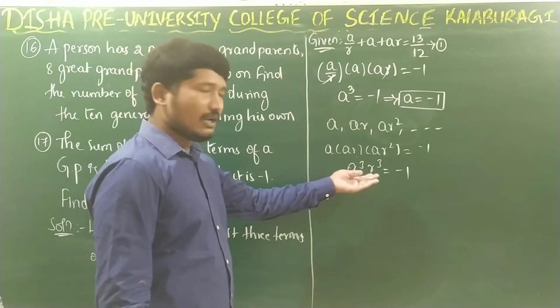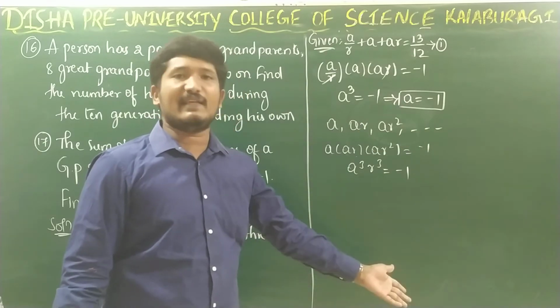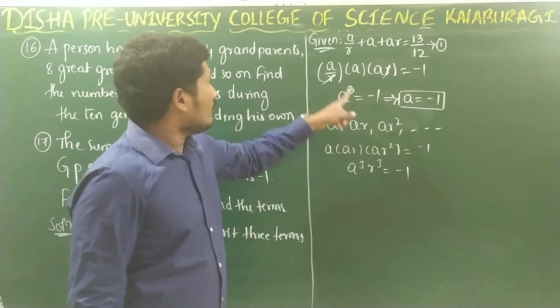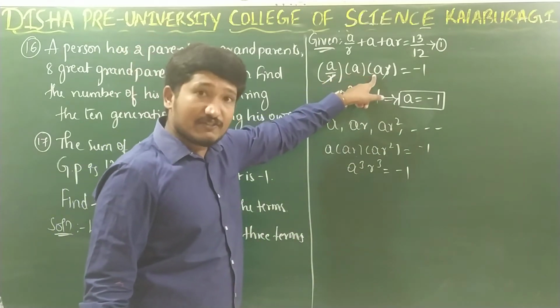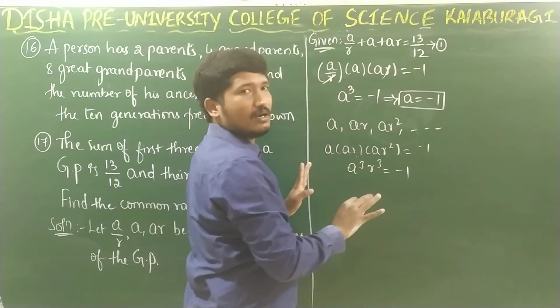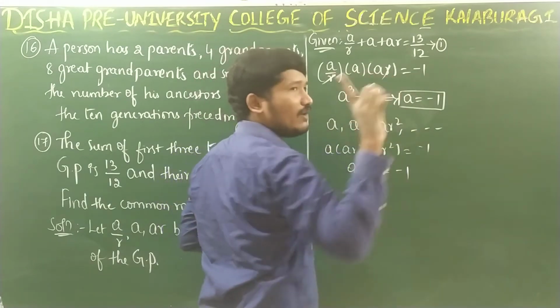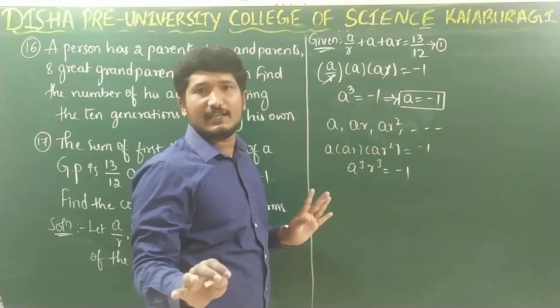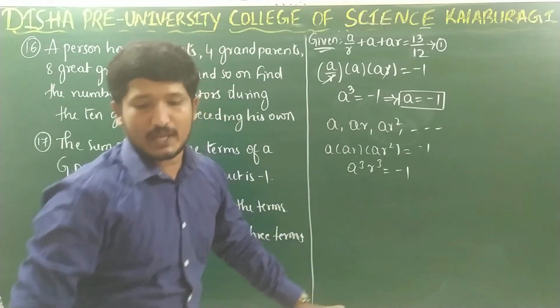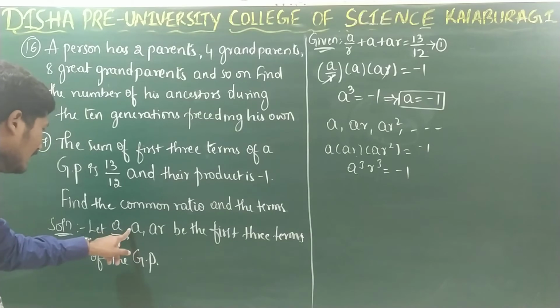Again, you have to take it in terms of A, substitute in this equation, or do many lengthy calculations. When I take these three terms as the first three terms, see here, R and R are getting cancelled. We are only left with A, so that we get one value here very easily, right? So that is why I have considered the first three terms as A by R, A and AR.